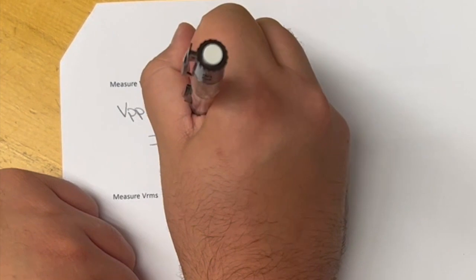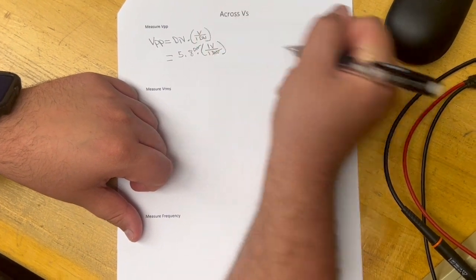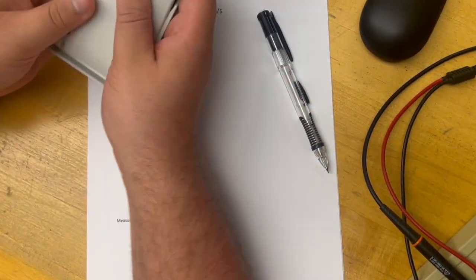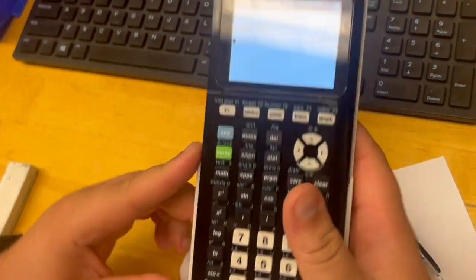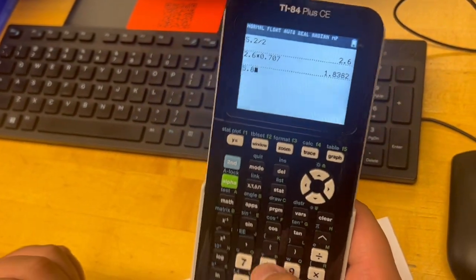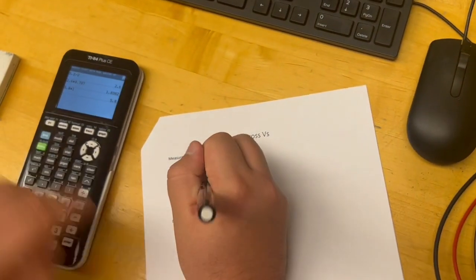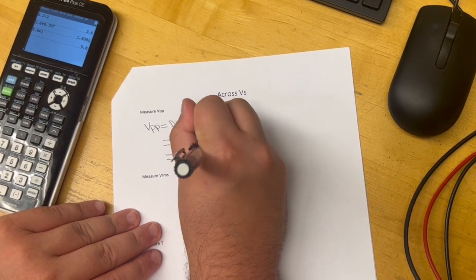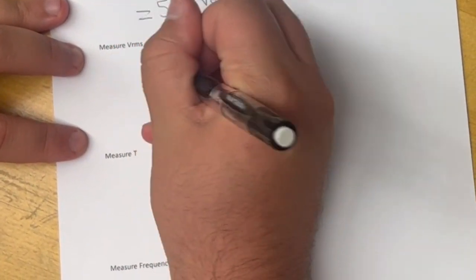With this, we have our units of measurement, which will cancel all our divots, and we're going to multiply that across. We're going to use our calculator best friend right here and calculate 5.8 times 1. So we have a total of 5.8 VPP.